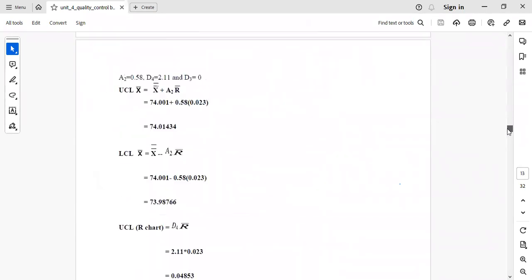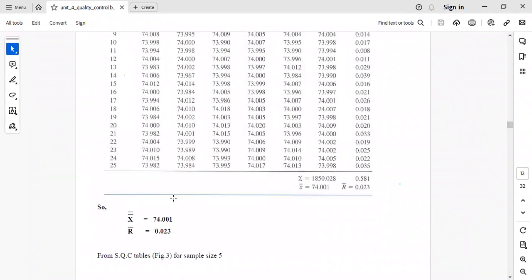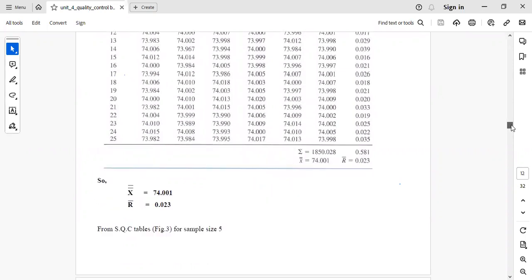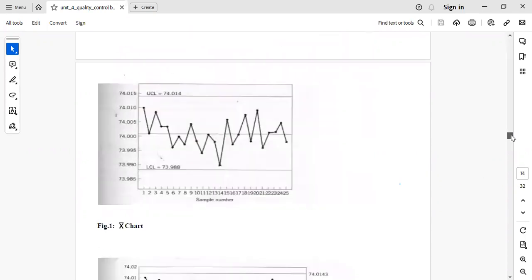Then if I go to the last one here, 25th, is actually 73.998. So if you locate 73.998, you can see the last one here, it is approximately that point, 73.998 somewhere. And so that is the 25th sample.